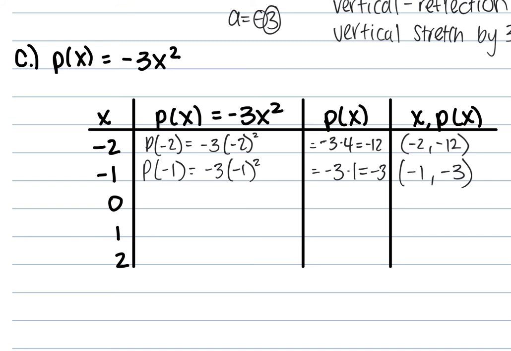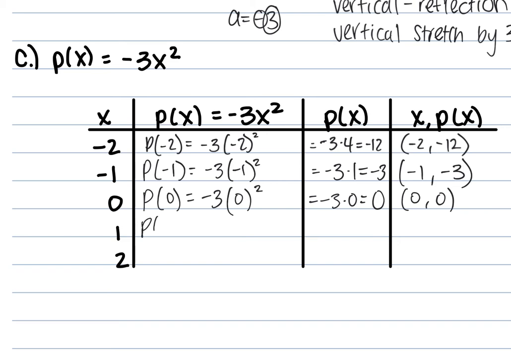Excellent. Bryson, do the third one. It'd be P and then 0 in the parentheses. Yep. Equals -3 and 0 to the second power. Yep. And then it'd be -3 times 0 equals 0. So it'd be 0 and 0. 0, comma 0.